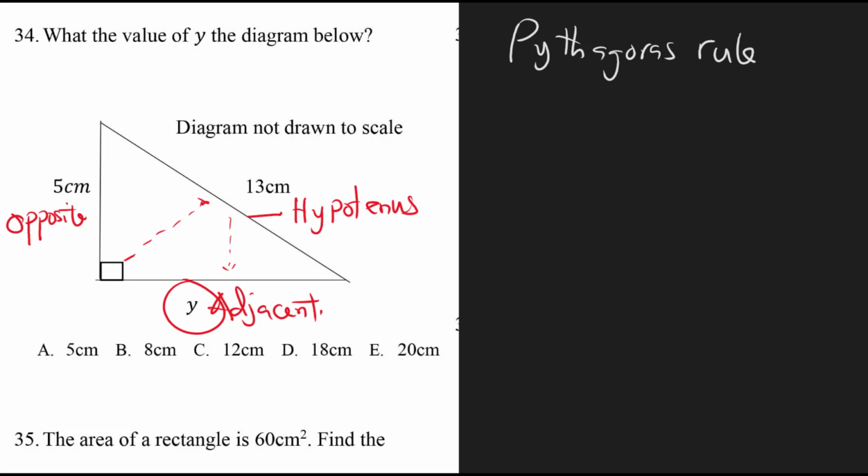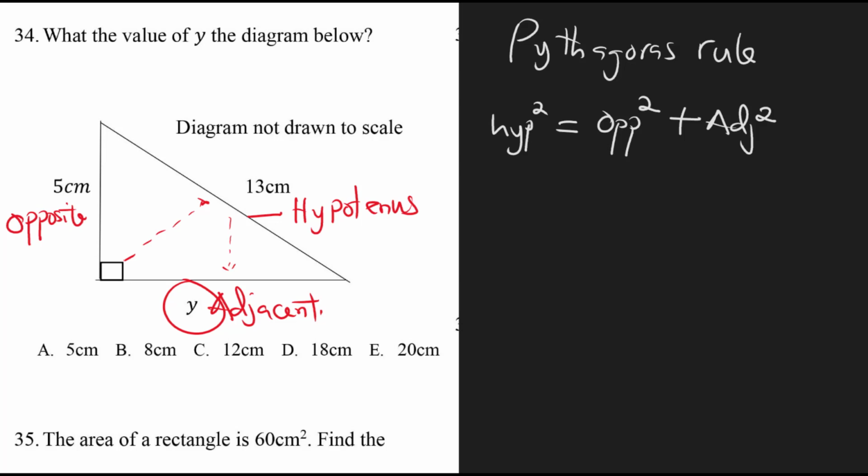And the Pythagoras rule says that the square of the hypotenuse is equal to the square of the opposite plus the square of the adjacent. Can you see? So this is the Pythagoras rule, and it is often used in solving the sides of a right angled triangle. Remember that the hypotenuse is always the longest side.